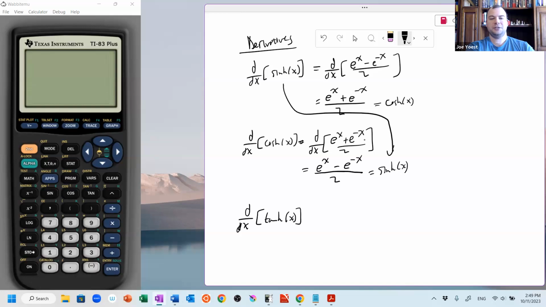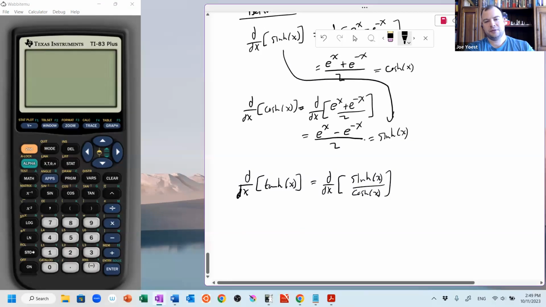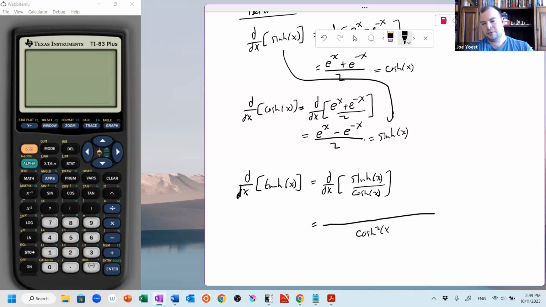What's the derivative of tanh of x, the hyperbolic tangent? Well, I can look at this and say, okay, that's the derivative of sinh over cosh of x. Or this is, with the quotient rule, some stuff over the bottom squared. And on the top, I have bottom derivative of top.